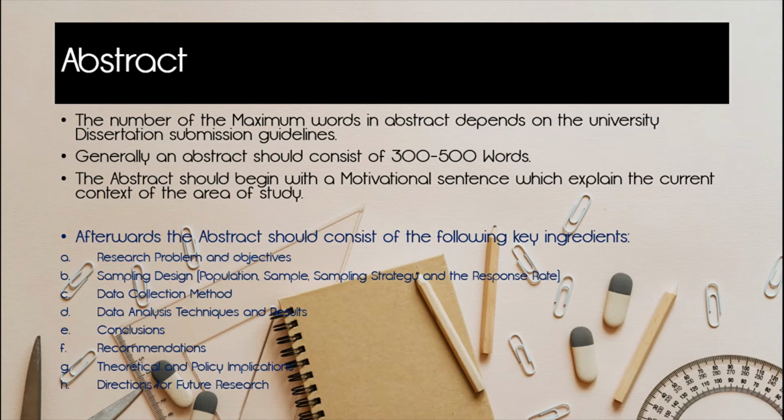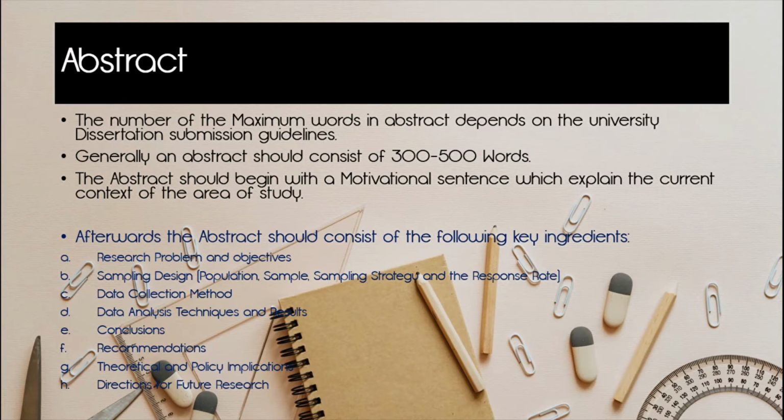Abstract. The maximum number of words in the abstract depends on the university dissertation submission guidelines. Generally, an abstract should consist of 300 to 500 words. The abstract should begin with a motivational sentence, which explains the current context of the area of study.